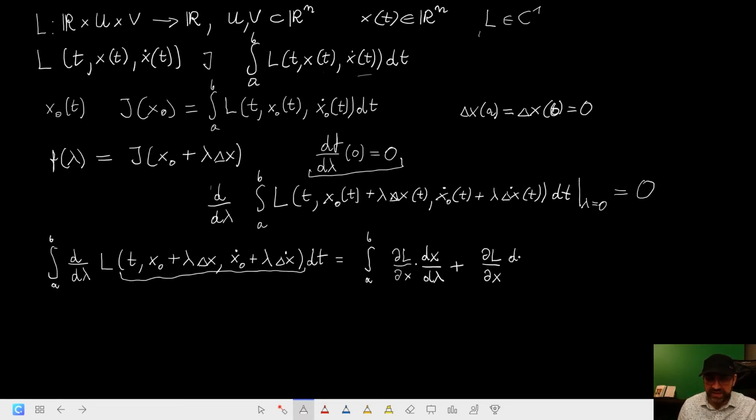And that will be dx dot over lambda, because we all the time remember this expression is all the time after L. Obviously derivative over t is there, but because dt over the lambda is 0, I already neglected that.